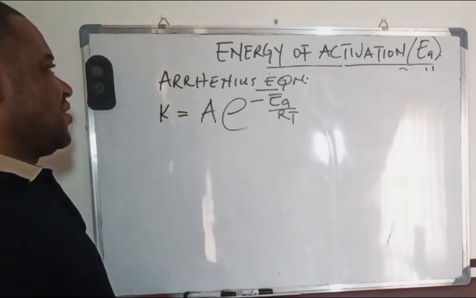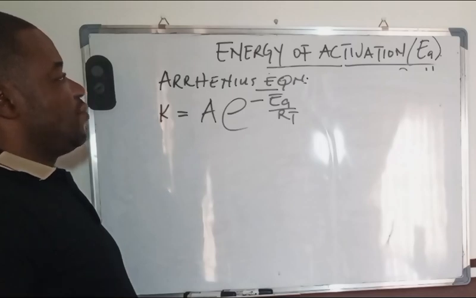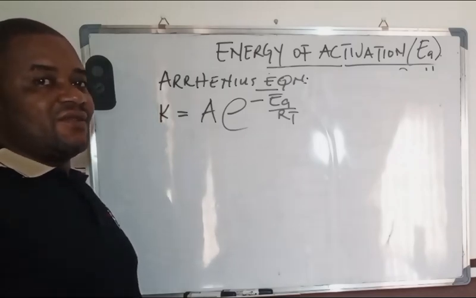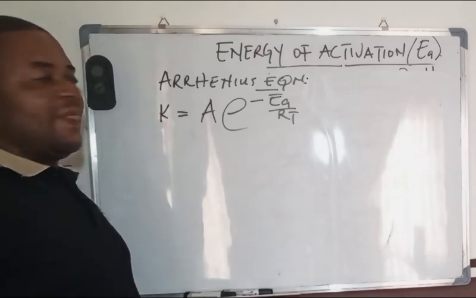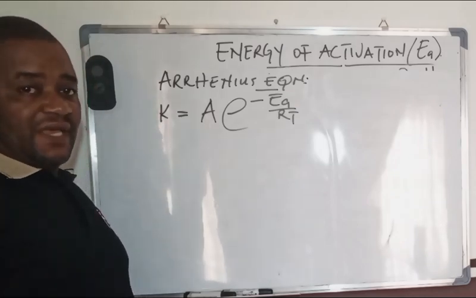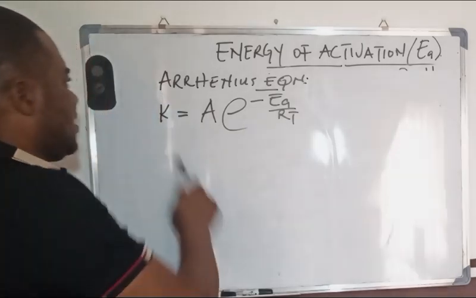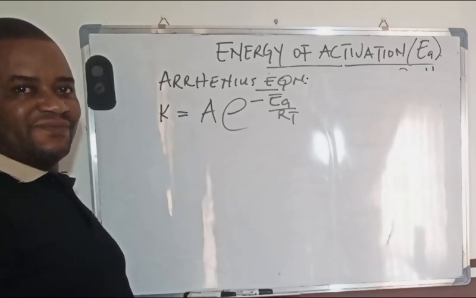So it means that the Arrhenius equation runs mostly around chemical kinetics, whereas the transition state equation runs around thermodynamics. So k is the rate constant of the reaction.